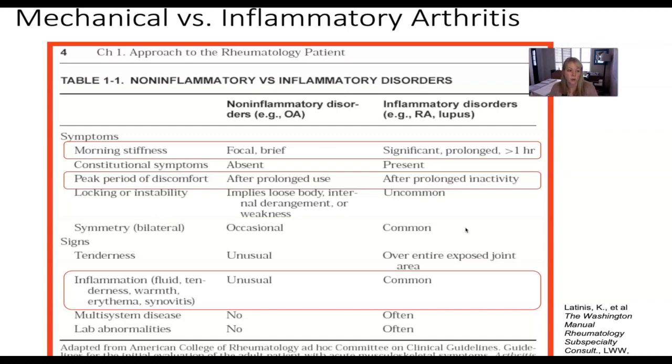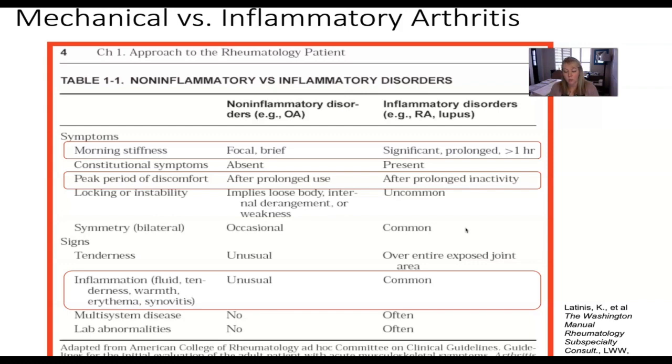So you have other things going on with your inflammatory markers and interleukins, and if you go back to the immune system. So that's symmetrical. Osteoarthritis is not necessarily symmetrical.